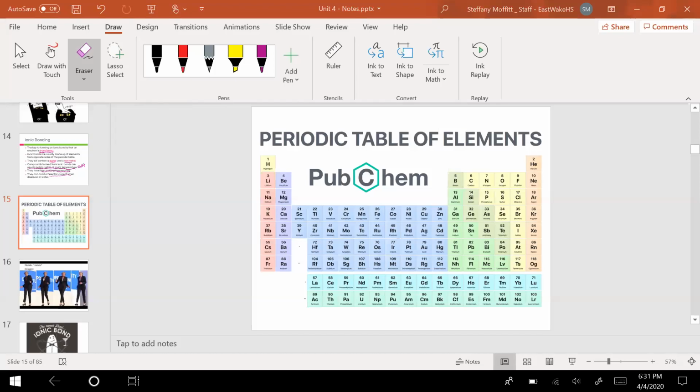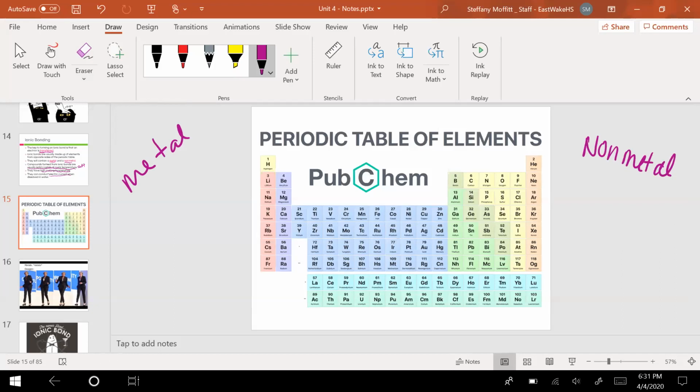Okay, so when an ionic bond is forming, you're going to find something from the left side of the periodic table, a metal, and then something on the right-hand side of the periodic table, your non-metal. And recall that our groups have specific charges that they're going to form.